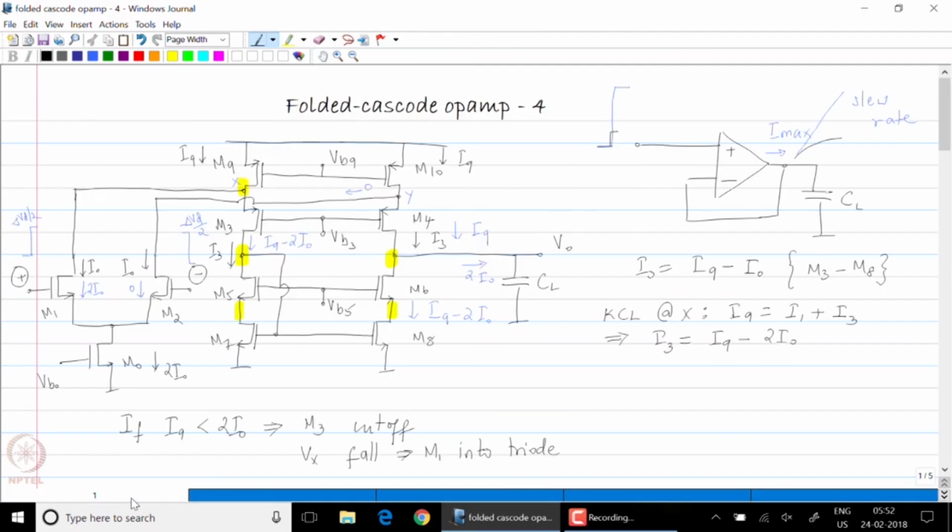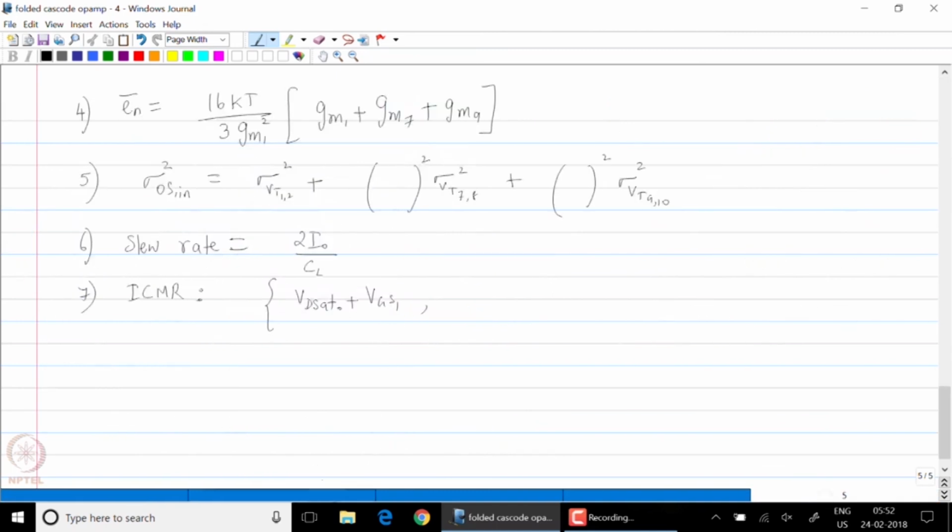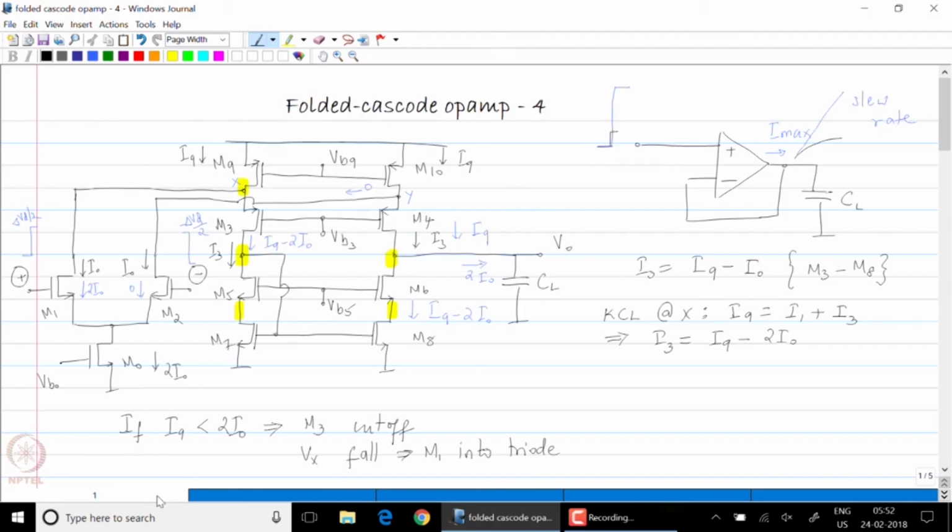And as the input common mode increases, Vx is constant at VB3 plus VSG3, and the input can go one threshold voltage above that particular voltage. So that is nothing but VB3 plus VSG3 plus VT1. So the maximum voltage at the input can be VB3 plus VSG3 plus VT1.